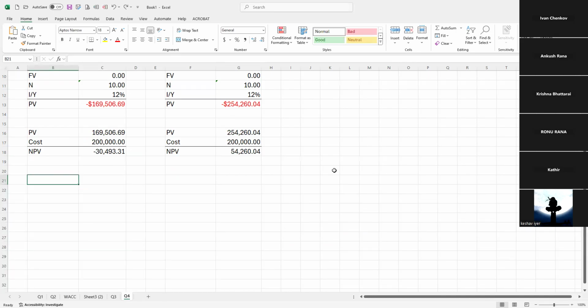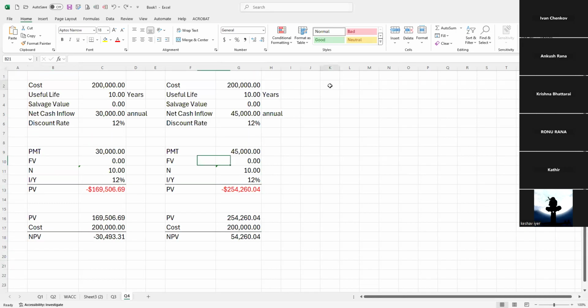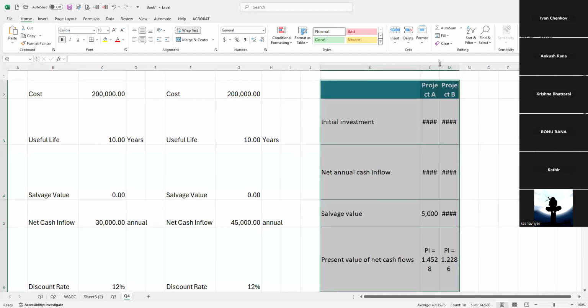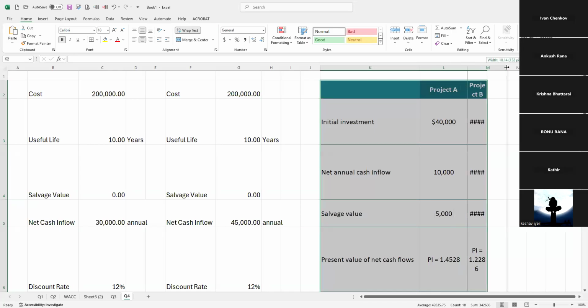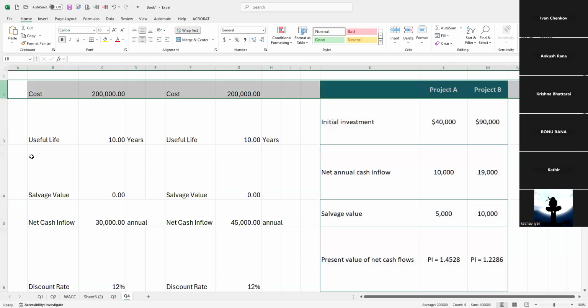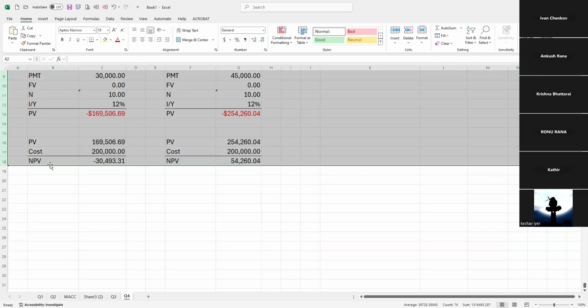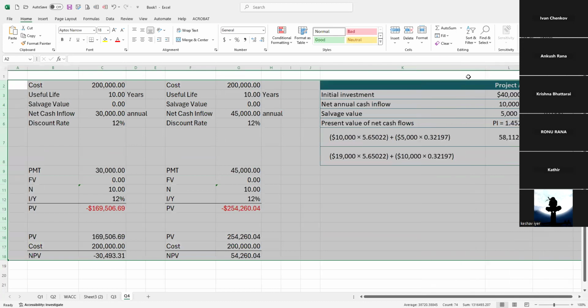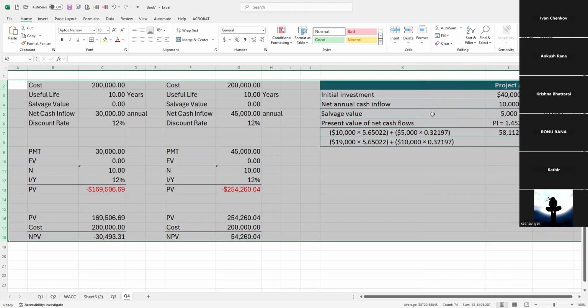Okay, I can paste it right here. Just a second. Let me do some formatting here and we can flip back to the original. Okay, so now we have the original information.